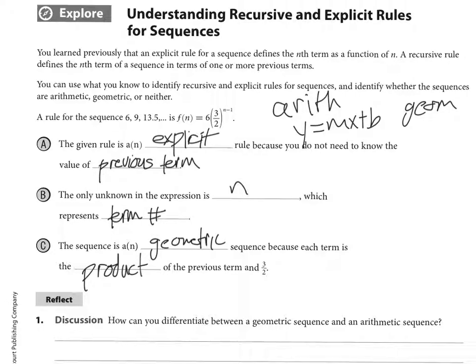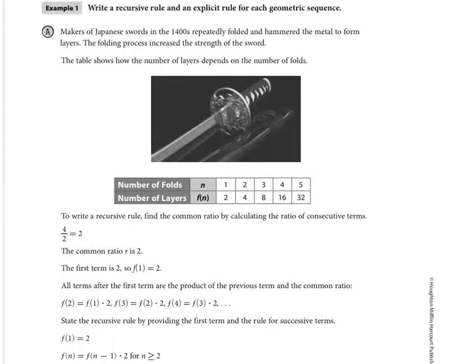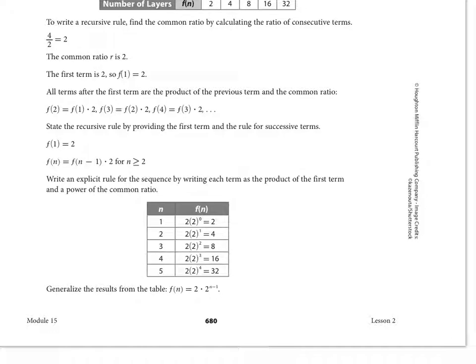So again, I'm going to skip a lot of this. I'm going to just do problems for you because the book has done a lot of examples. So if you go to the next page, this explain 1, okay, they work a lot of this out. They go through, again, a lot of stuff here is going to be a little bit different than what I would do, but hopefully as I go through a problem and work it out and guide you through it, it'll help.